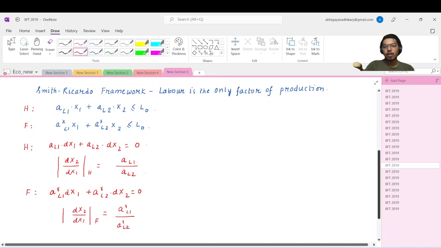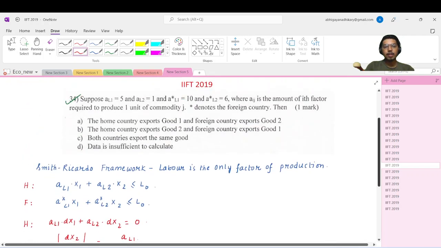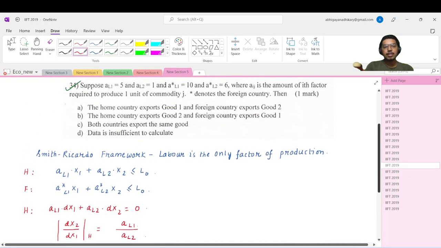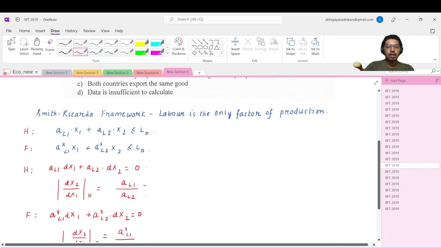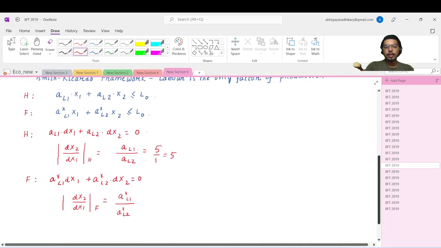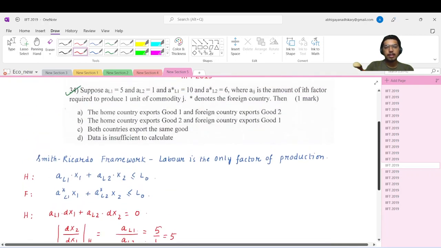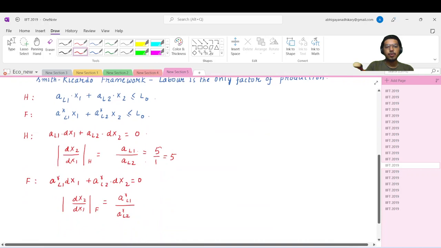Now if you look at the figures given in the question, aL1 is 5 and aL2 is 1, so that becomes 5 by 1, which is 5. And for the second one, a*L1 is 10 and a*L2 is 6, so that is 10 by 6, which is 5 by 3. So obviously the PPF of the home country is steeper.